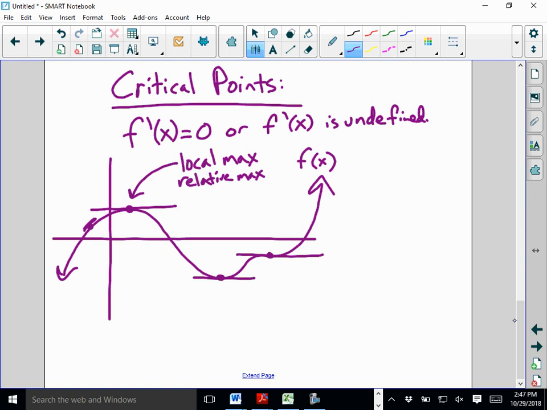But we see another critical point, our second critical point, going left to right, is down here. This one, so this one was the highest in its little area. This one right here is the lowest in its little area. So we call that a local min. Also called a relative min.